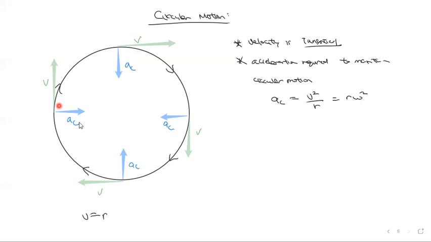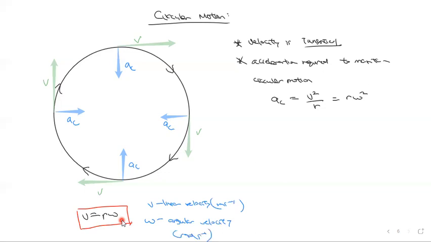So remember, while you are often given v, sometimes omega may be required, or sometimes it is useful. So there is also this relationship, v equals r omega, where of course v is linear velocity in meters per second, and omega is angular velocity in radians per second. Okay, so the C is for centripetal, which basically refers to the fact that it's towards the center.